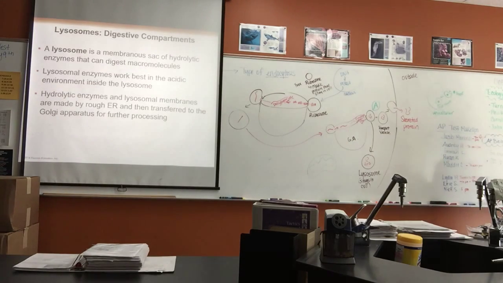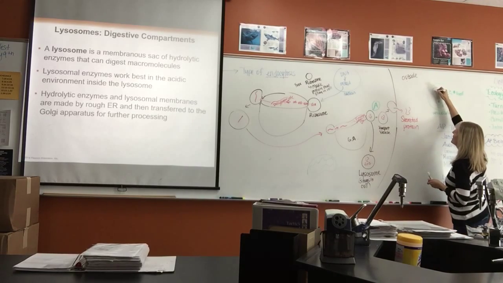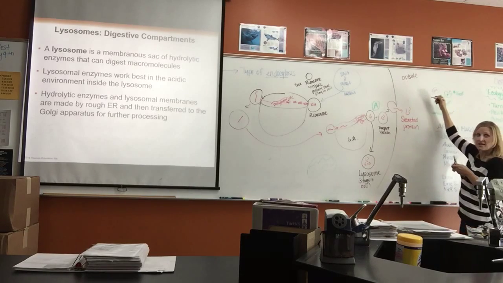Now, like us, we chew up our food and swallow it, and it goes into our digestive system, but in the form in which we take it in, we can't use it that way. We have to digest it. The same thing goes with these unicellular organisms, where they have lysosomes that have enzymes in them. They don't have a whole digestive system, but they do have these lysosomes.